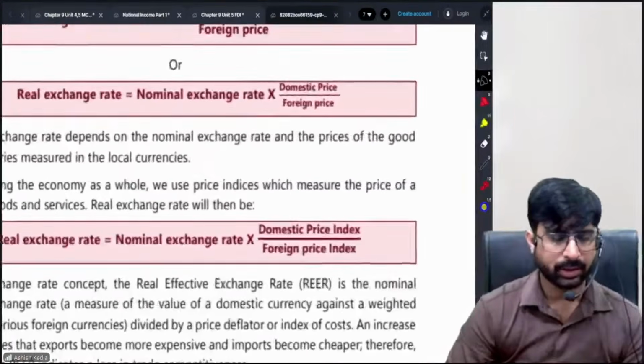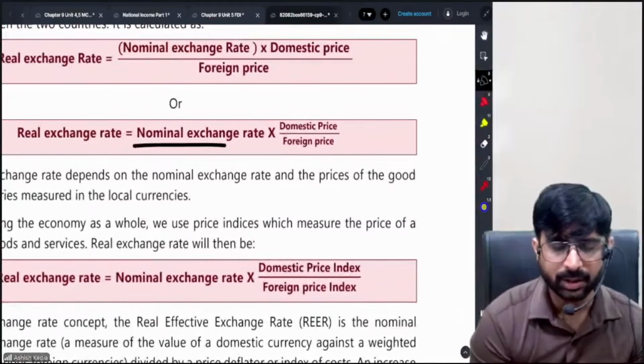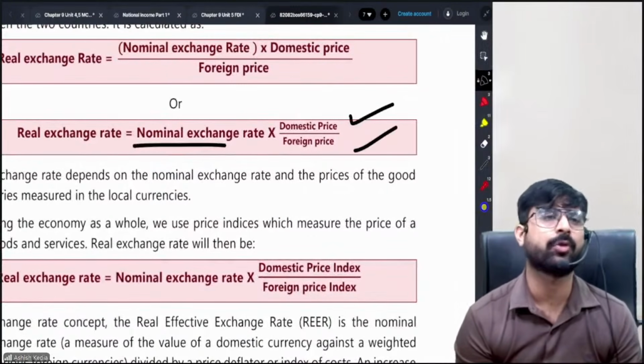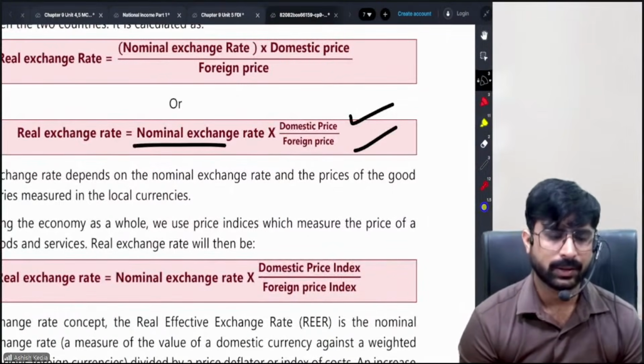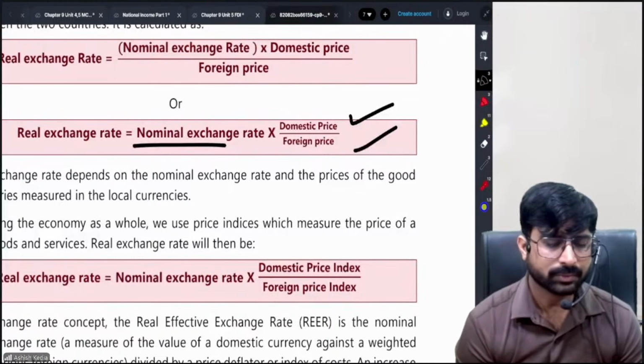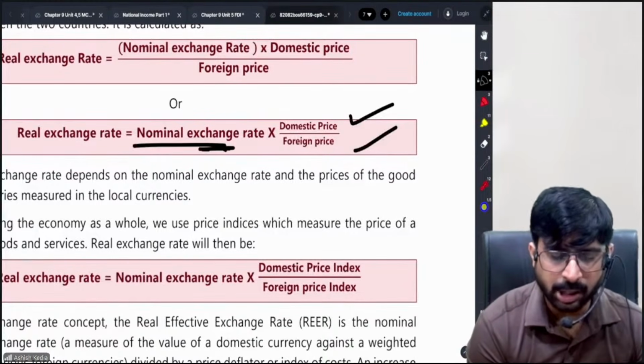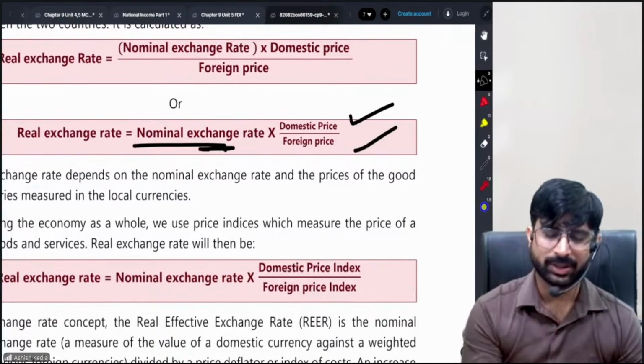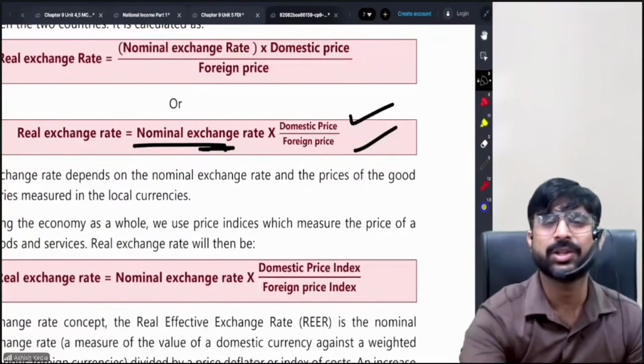I told you, na? Real exchange rate is nominal exchange rate into domestic price by foreign price. Domestic price means Indian price by foreign price of that same commodity.